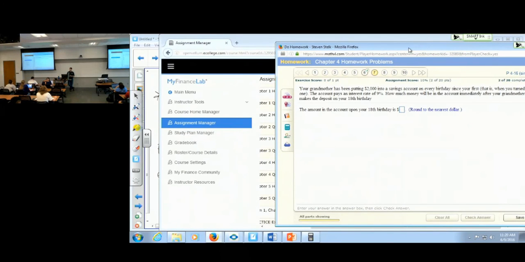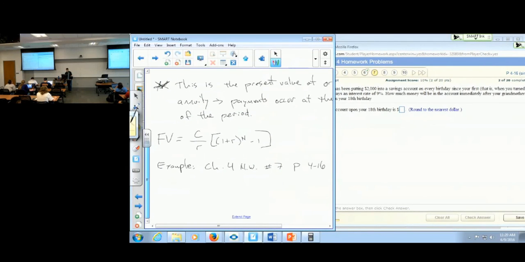Number 7 says your grandmother's been putting $2,000 into a savings account on every birthday since your first. That is when you turn 1. The account pays an interest rate of 9%. How much money will be in the account immediately after your grandmother makes the deposit on your 18th birthday? Okay, so let's map out what we know.